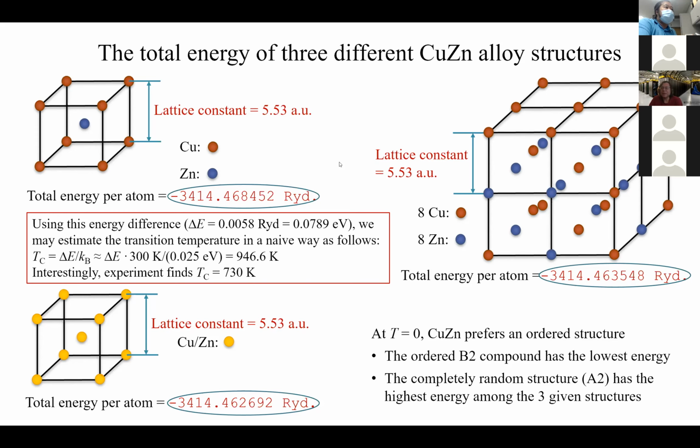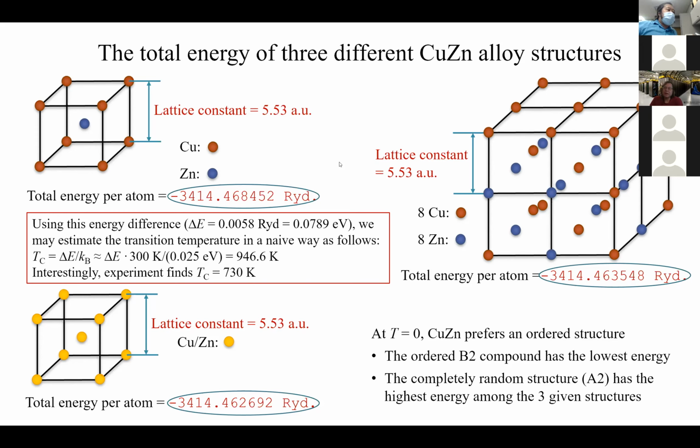In a supercell calculation, you actually account for the longer range effects of the disorder much more readily, and you can also incorporate local correlations more easily.